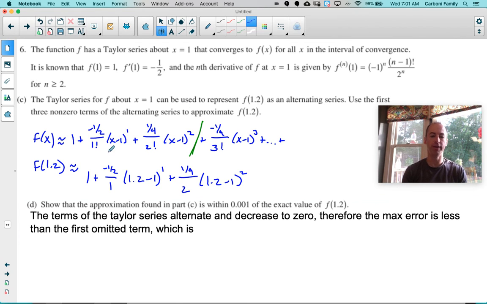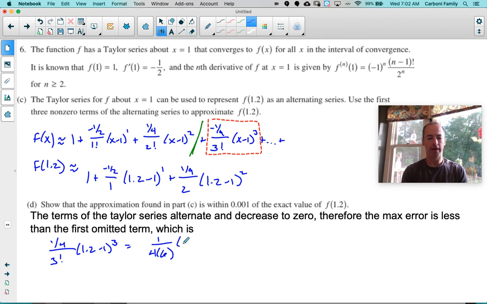So my first omitted term, since I used the first 3 terms, is going to come from this. And so I'm going to plug 1.2 into that. So I have negative 1/4 over 3 factorial times 1.2 minus 1 cubed. And let's clean that up. So that's 1/4. 3 factorial is 6.